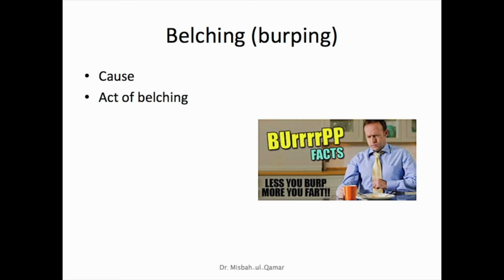The other actions include opening of the lower esophageal sphincter and descent of diaphragm. Now, this diaphragm movement increases the abdominal pressure plus decreases the intrathoracic pressure. And all these actions combined cause expulsion of air.